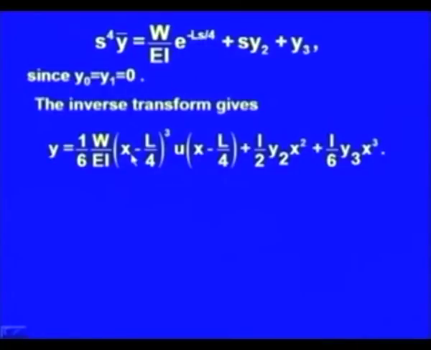So, we will get the inverse Laplace transform as (x minus L by 4) raised to the power 3 over 6 into u of x minus L by 4, the unit step function. Then we have y2 over s to the power 3, whose inverse Laplace transform will be x square over 2 factorial, that is x square over 2, and here we will have the inverse Laplace transform of 1 over s to the power 4, which is x cube by 6.